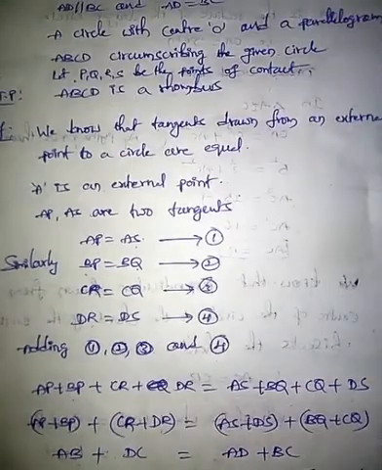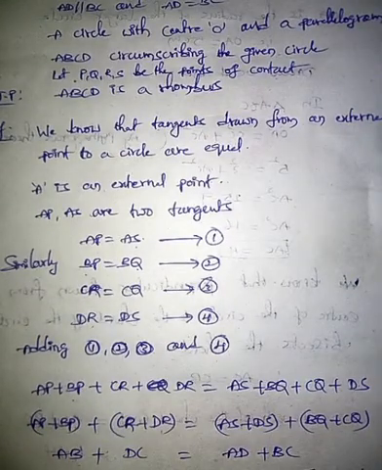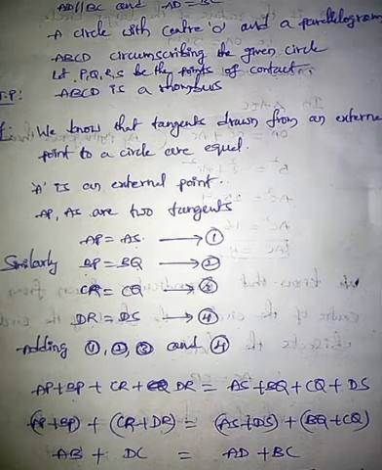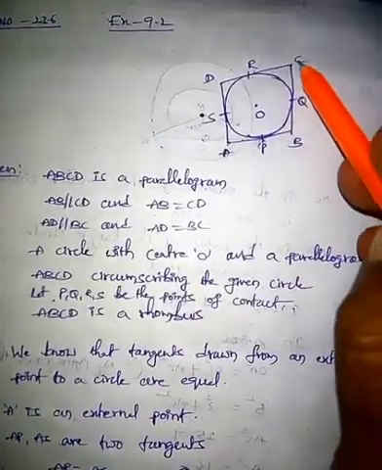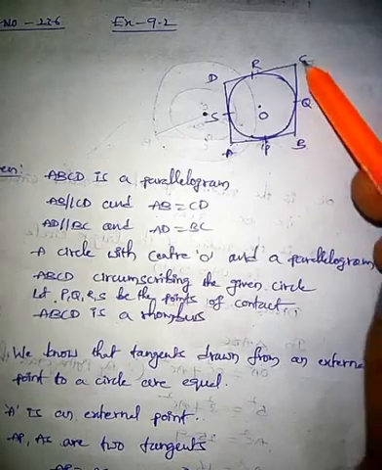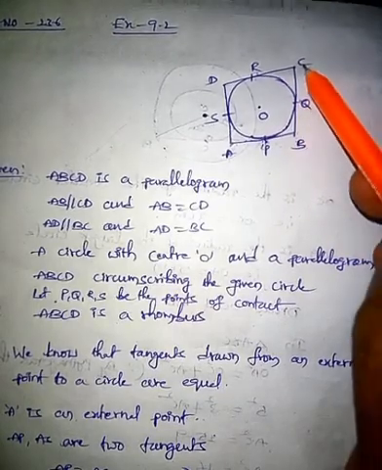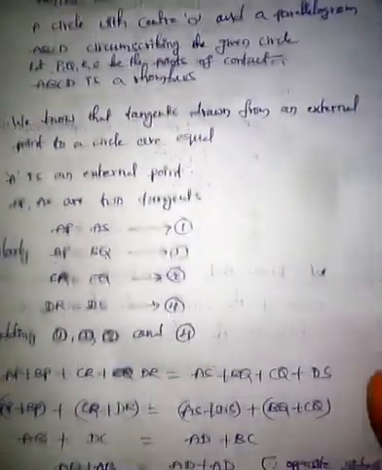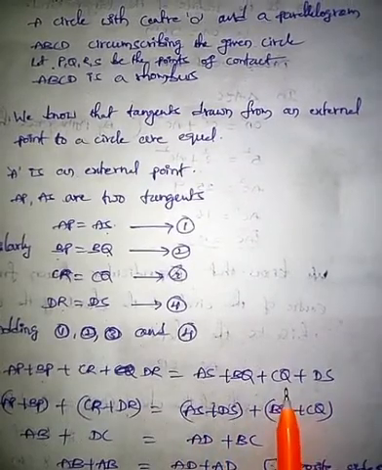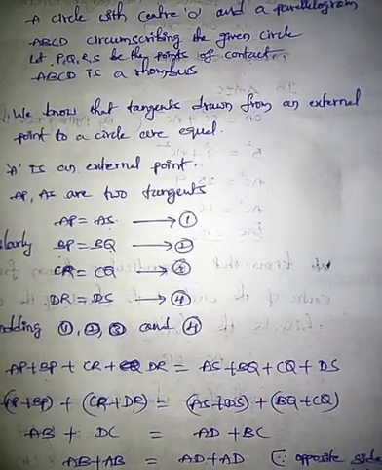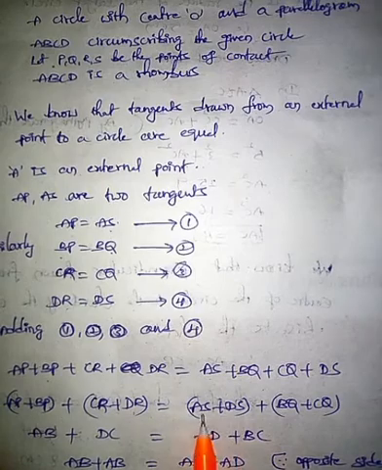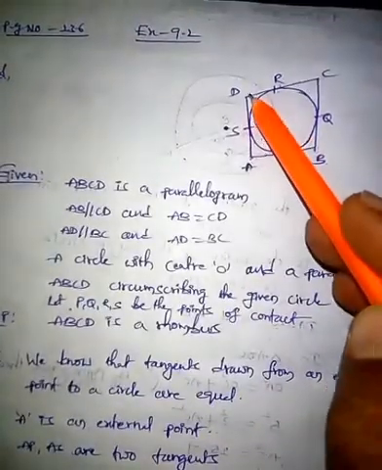Now put brackets to the two parts and follow the pattern, that is, here in the side BC there are two parts, they are BQ plus QC. That's why select two parts and put a bracket to those two parts. Here AS plus DS, observe the side AD.